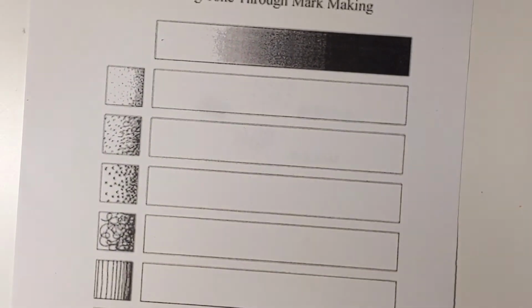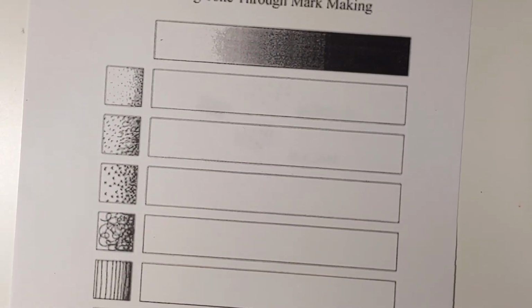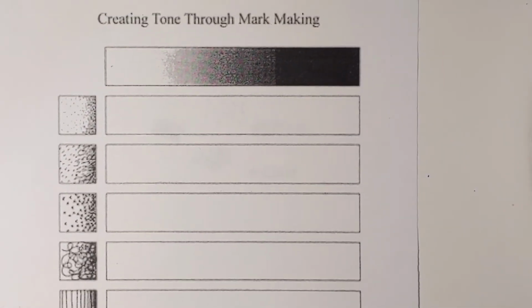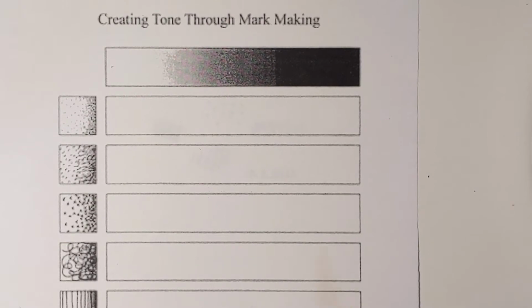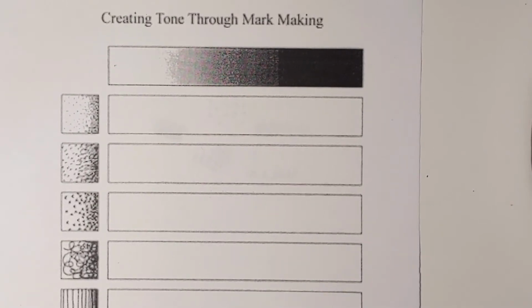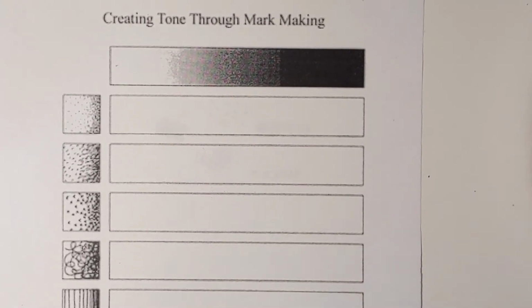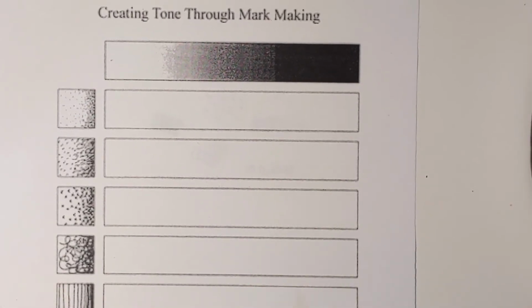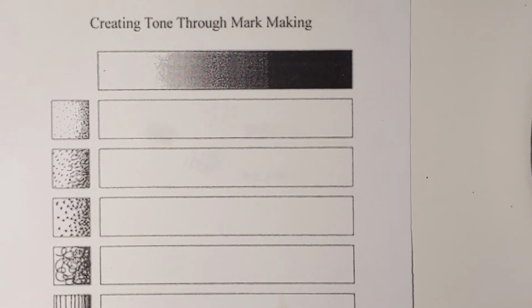Now, this little exercise is designed to help you think about the different ways that you can make marks, but also how you can change the value of those marks by leaning heavier or lighter, or creating or reducing the amount of space between your marks.